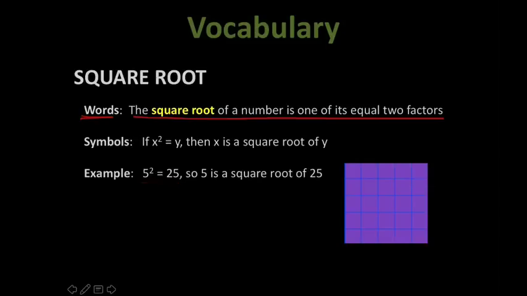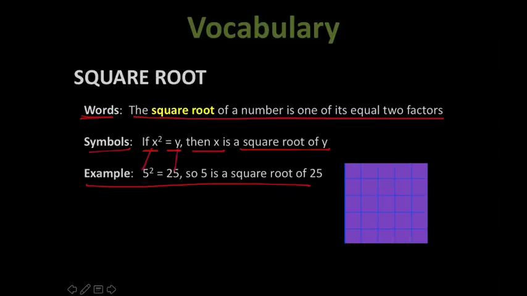If we look at it with symbols, if x squared equals y, then x is the square root of y. That's a little bit trickier to see, so let's take a look at it as an example. If 5 squared equals 25, so 5 is a square root of 25. So if I look at this, I just replace the x with a 5 and the y with a 25.